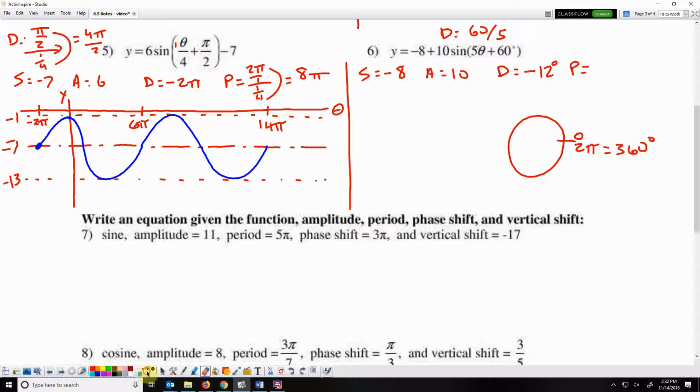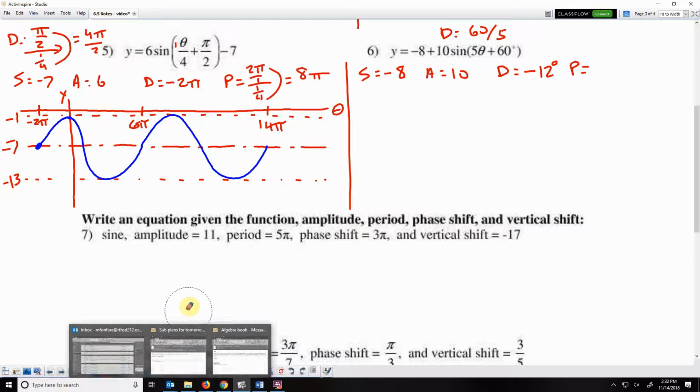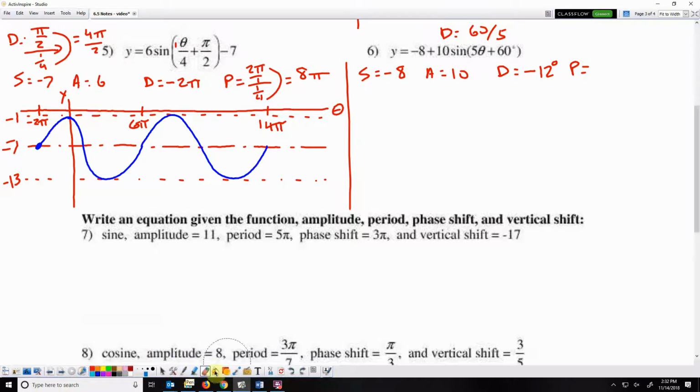So instead of 2 pi over b, in this case, we're going to do 360 over b. So anytime you're in degrees, it's 360 degrees over b, and b is 5. 360 over 5 is 72. So we've got a period of 72 degrees.